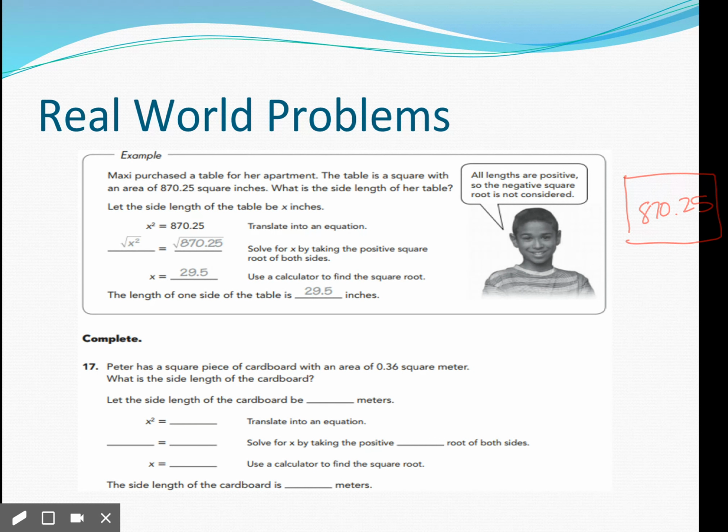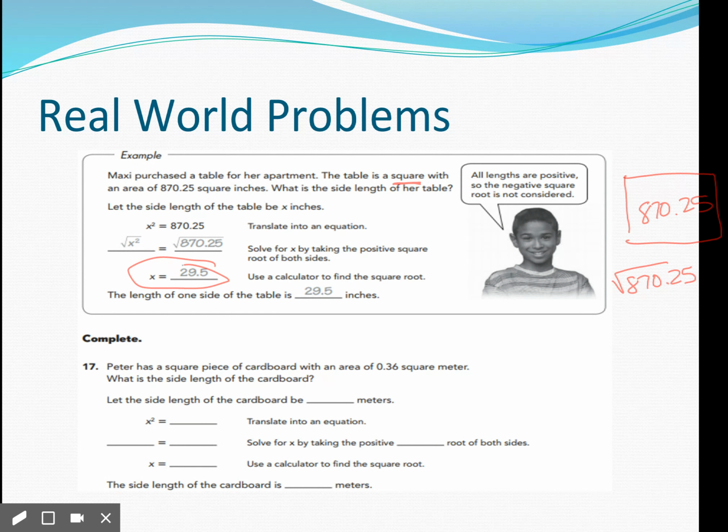A big clue there is that the table is a square. Anytime you hear that, you are going to simply know that you need to find the square root of 870.25. Plug that into a calculator, and you would see that the answer is 29.5. In this example, it wouldn't make any sense to give also the negative. The length of a table could never be negative.